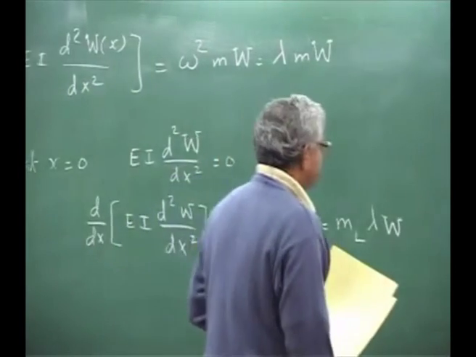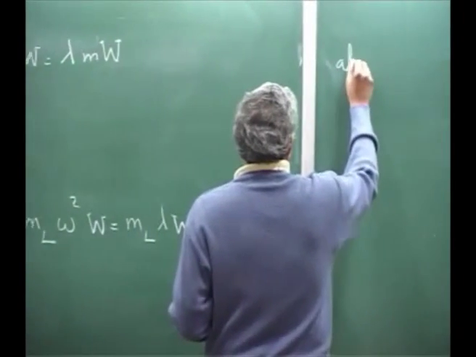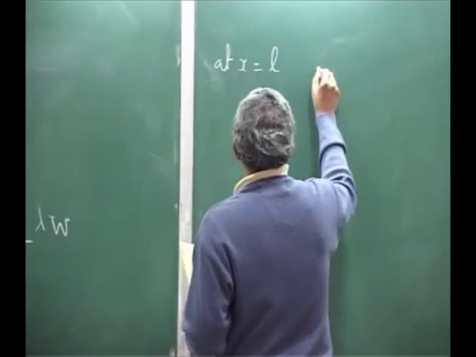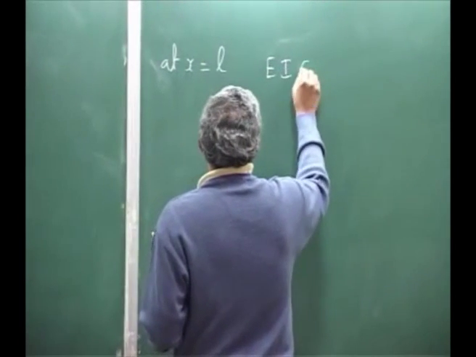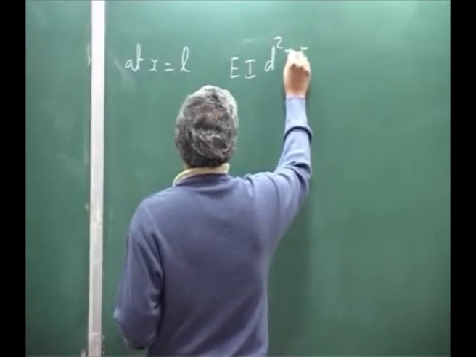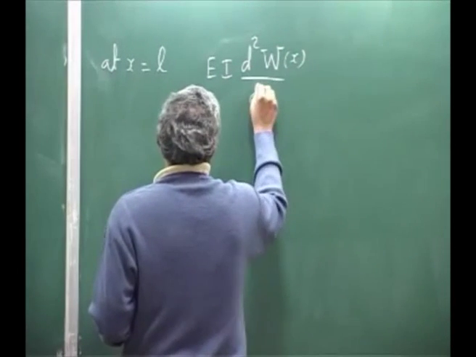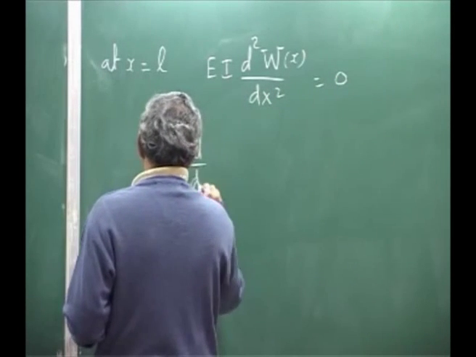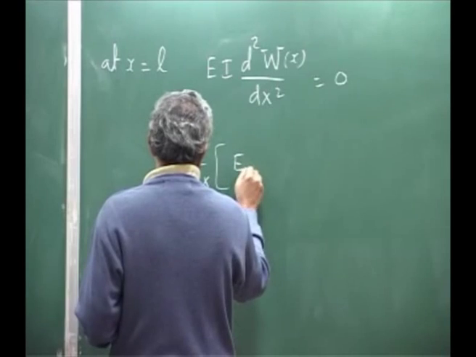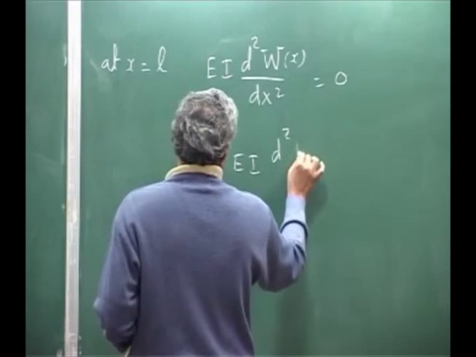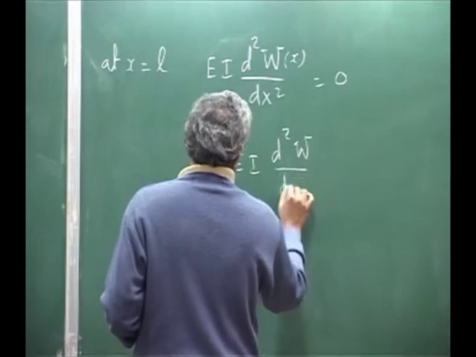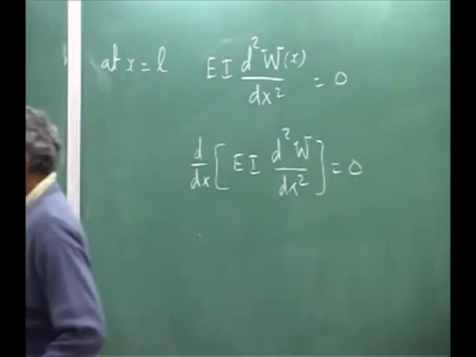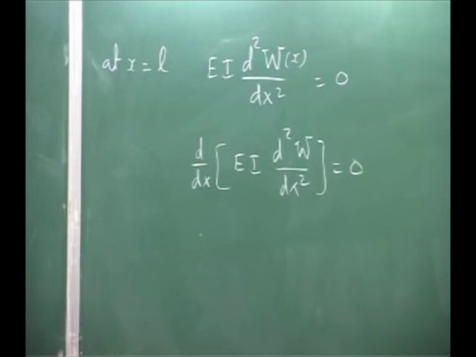And at x equals L, we have the other two boundary conditions, which are EI d square w by dx square equals zero and d over dx of EI d square w by dx square equals zero. So we have the four boundary conditions.